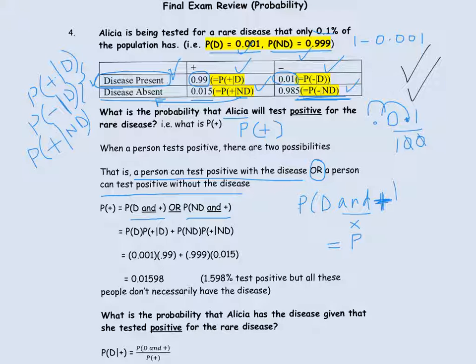So we use the rule for events that are not independent, but it's the multiplication rule. So probability of the first times the probability of the second. So that part is the same for both independent events and events that are not independent. But in the case of events that are not independent, you can't just stop here. You have to say, given that someone has the disease, which means that the first event actually took place.